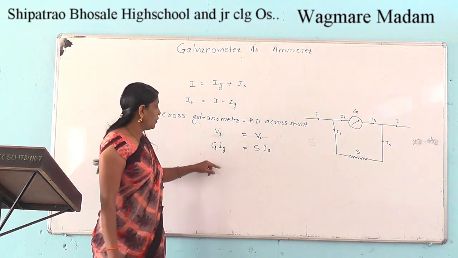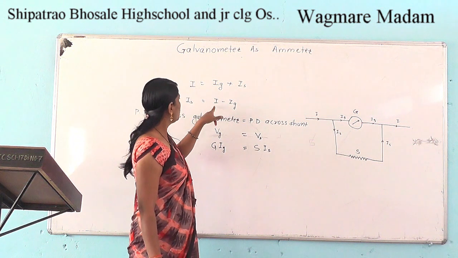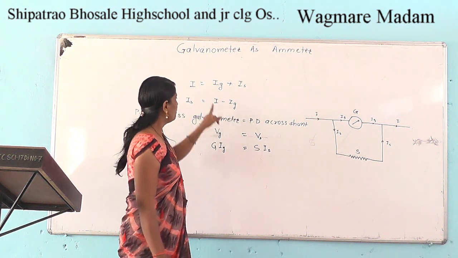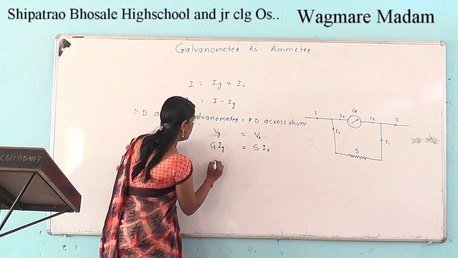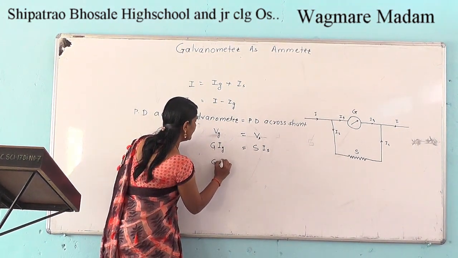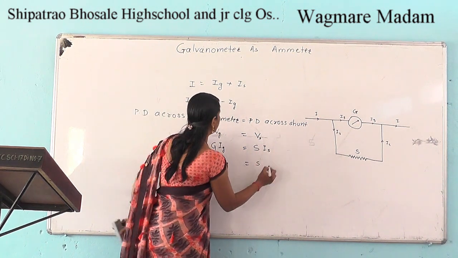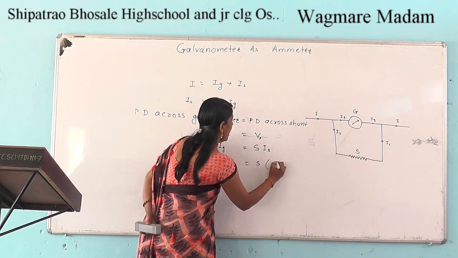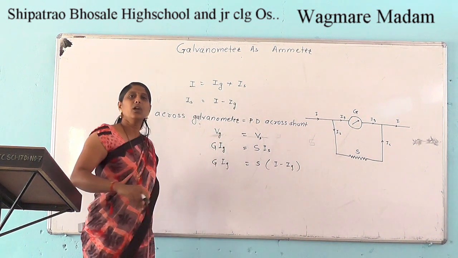Now, we know that Is is equal to I minus Ig. Put this value in this equation. Therefore, we can write here G into Ig is equal to S into (I minus Ig).